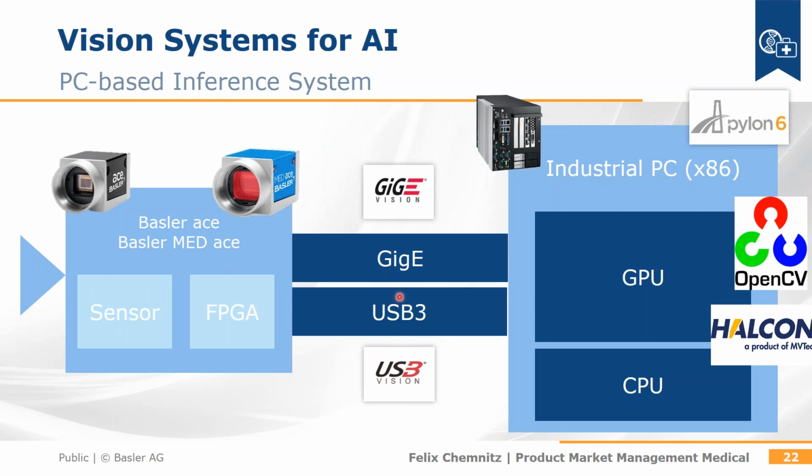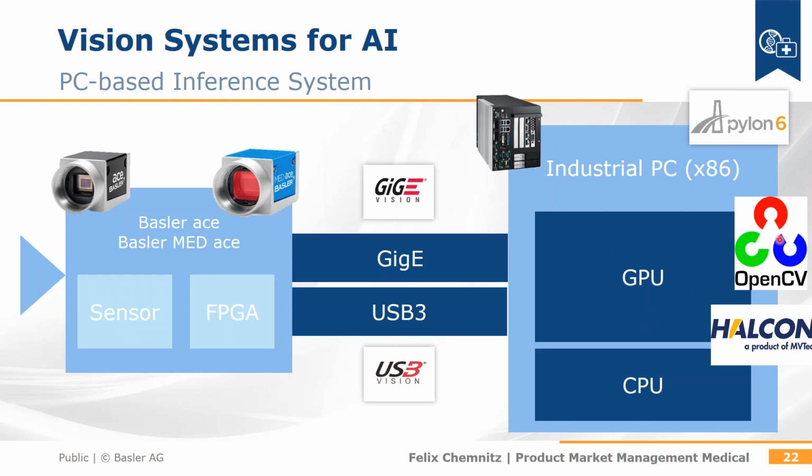Then you can transfer this plug and play via GigE or USB, and then you can make use of the GPU in the PC. You can do it on the CPU, but this won't give the best performance. So I think the GPU would be the best way.